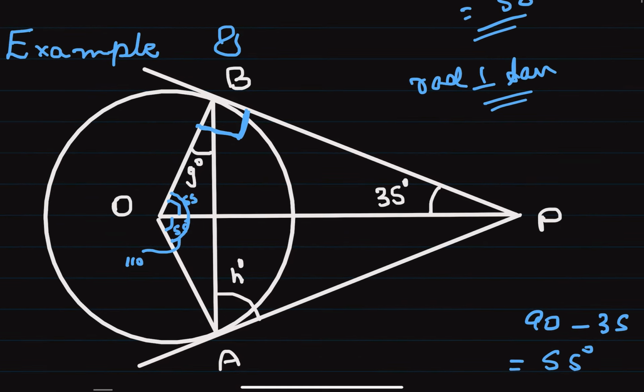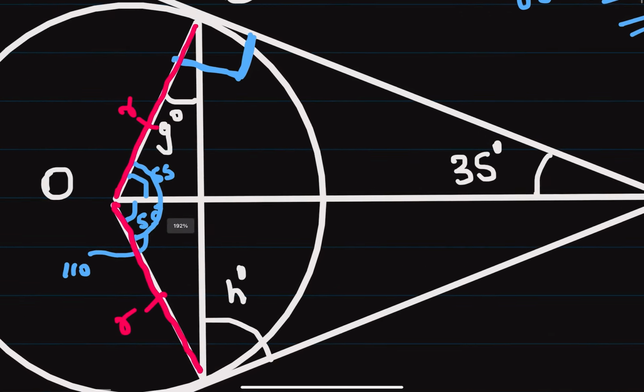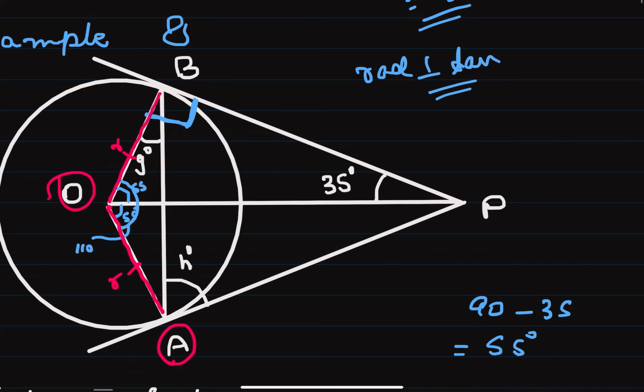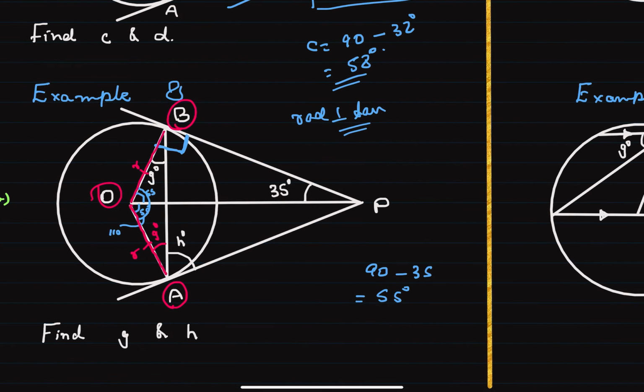And if you can see that this is radius and this is radius, that means we have triangle AOB as an isosceles triangle. That means if these two lengths are equal, then the angles opposite to them are also equal. This would be G. So I can use this logic that G plus G plus 110 is equal to 180 degrees.